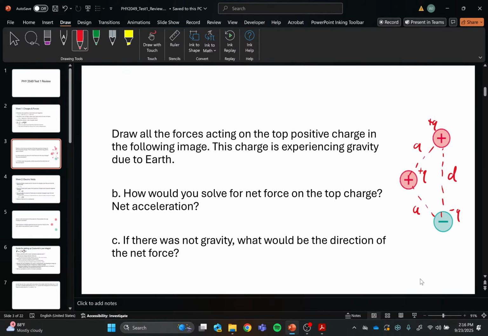For part A, if you don't have 3 arrows, you did something wrong. And also remember, notation-wise, when we do forces, draw the forces starting from the middle of the place you care about. That's just good notation.